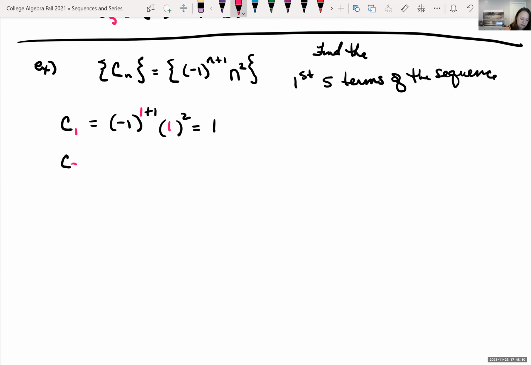C sub 2, plugging in 2 wherever we see an n, we get negative 1 to the 2 plus 1, all times 2 squared. So negative 1 cubed is negative, negative 1 times 2 squared. 2 squared is 4, so this is negative 4.